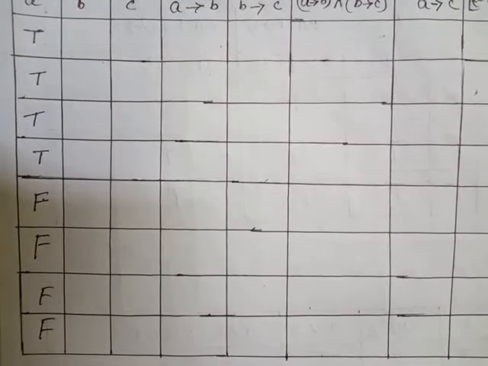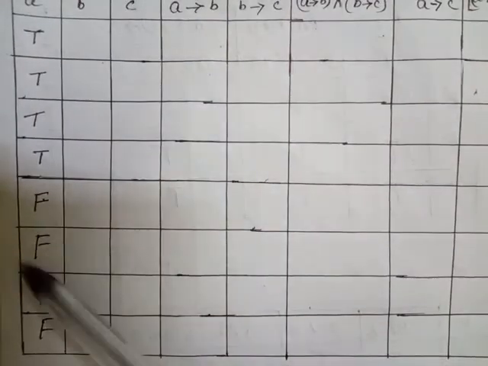This is the statement of A only. If there are only two statements like PQ and AB, we'll use only TTFF and TFTF. But here there are 3 statements, that's why we have written 1 2 3 4, then 5 6 7 8.